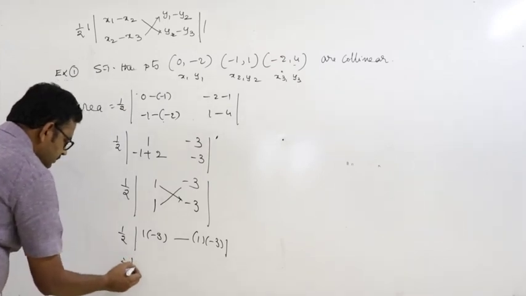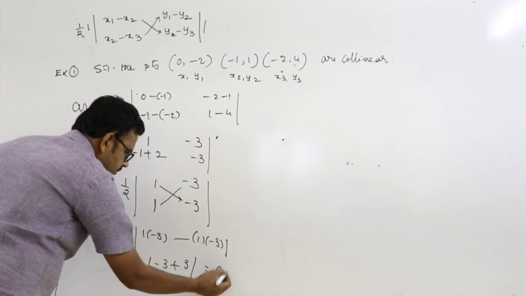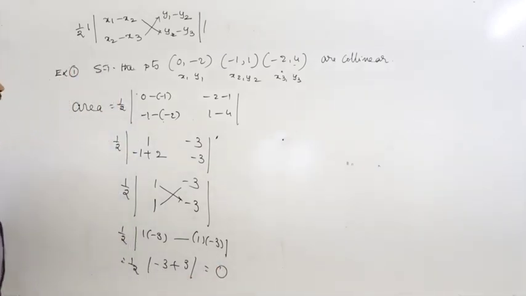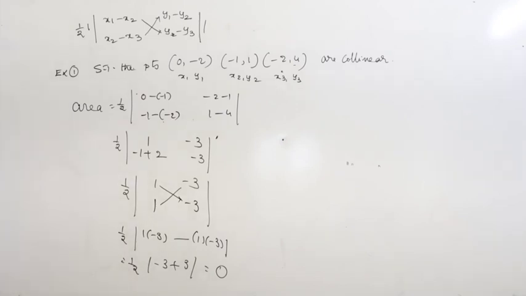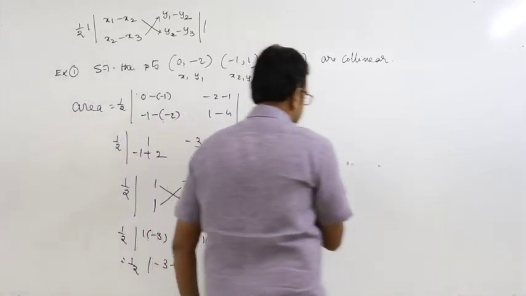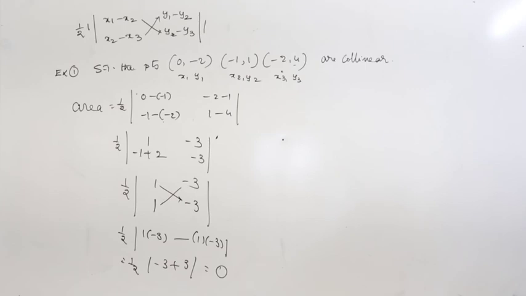So that equals minus 3 minus of minus 3, that is 0. Area is 0, therefore the given points are collinear.